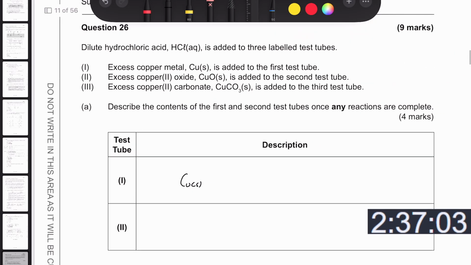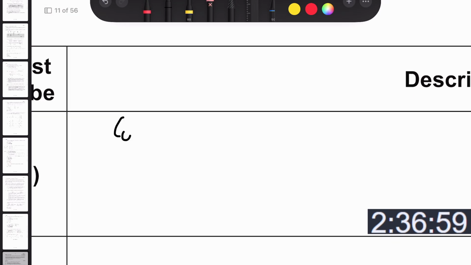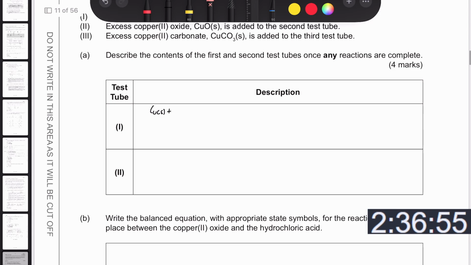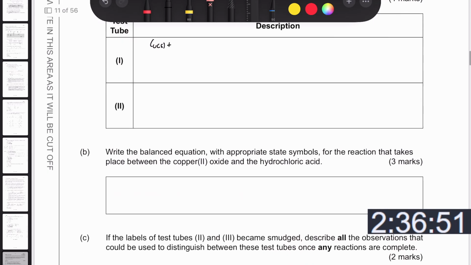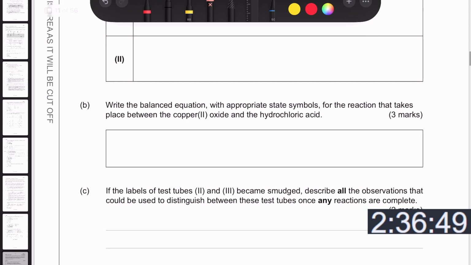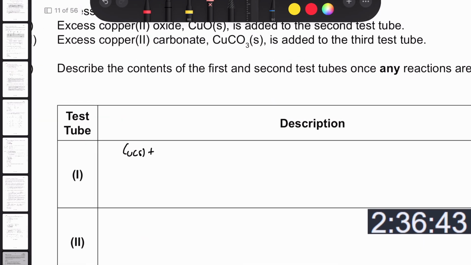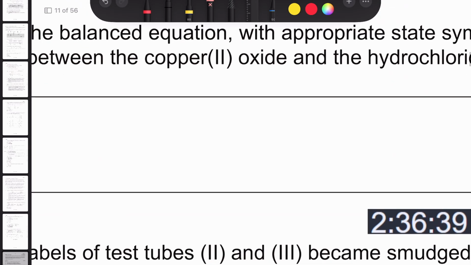Copper to like copper oxides. Let's do 2. Let's try to do this first.